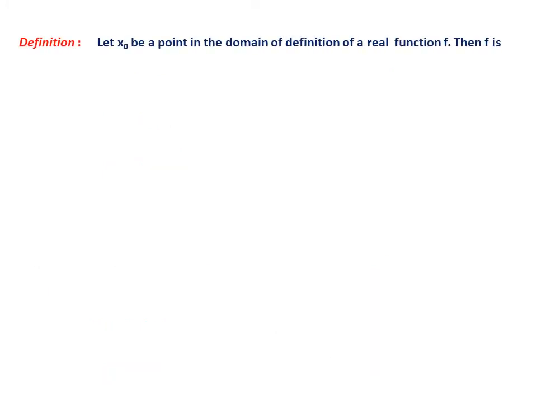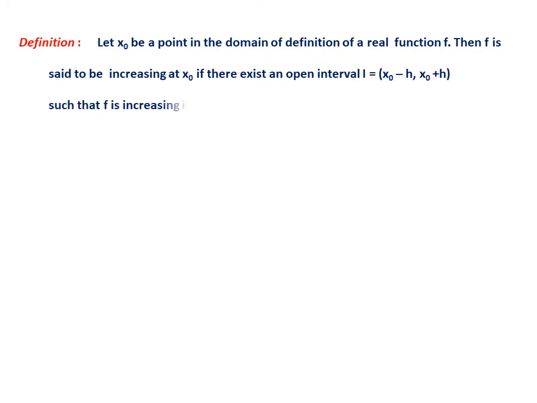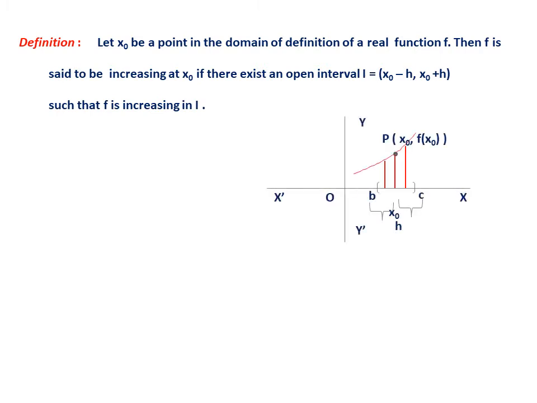Then the definition: let x0 be a point in the domain of definition of real function f, then f is said to be increasing at x0 if there exists an open interval I equal to (x0 minus h, x0 plus h) such that f is increasing in I. See, this is the diagram. Look here, y equal to f of x is the given function and x0 is the point, and (x0, f of x0) is the coordinate of P. Now here in the entire interval the function is increasing, where B is x0 minus h.